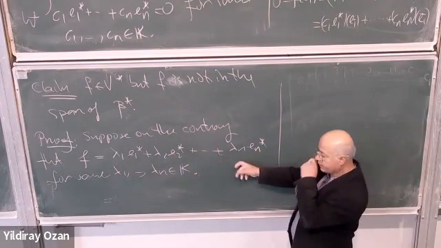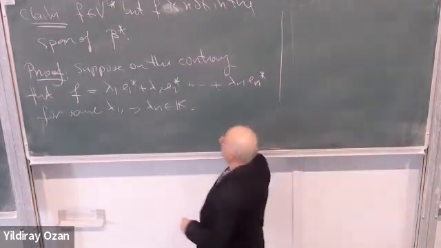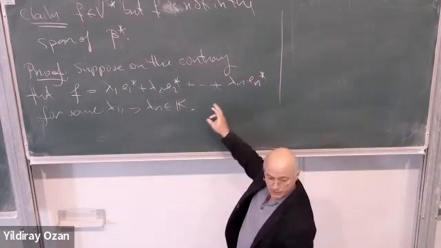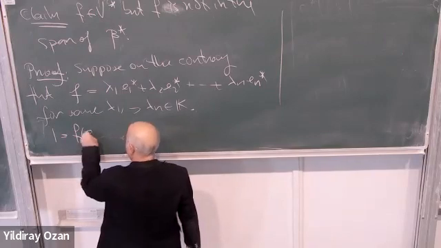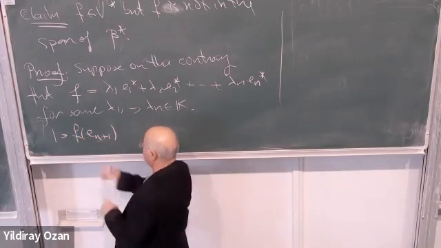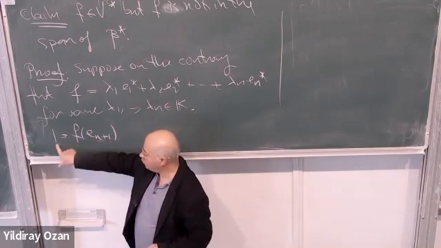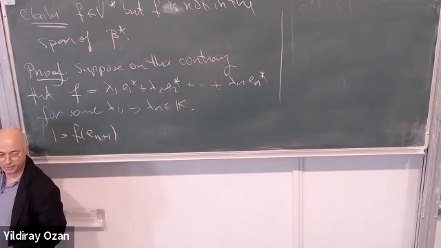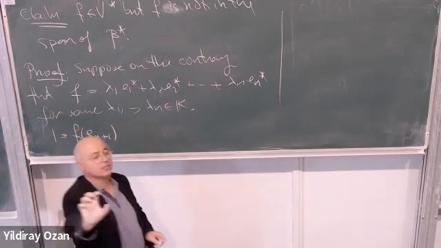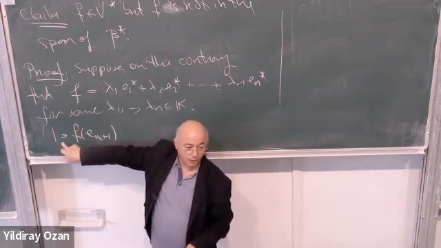So it can be written like this. But then you have the following. Let's compute this on e n plus 1. Right? The value of this is equal to 1. Why is that? Because I defined it that way. Each basis element is mapped to 1. Therefore, this basis element will be mapped to 1.